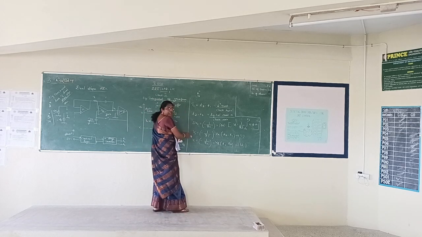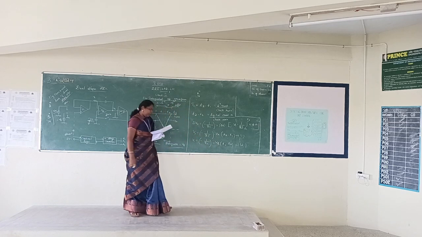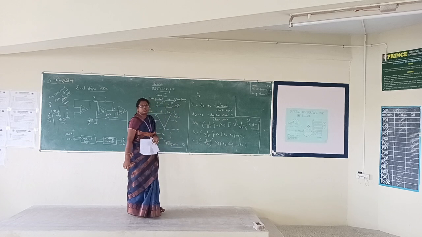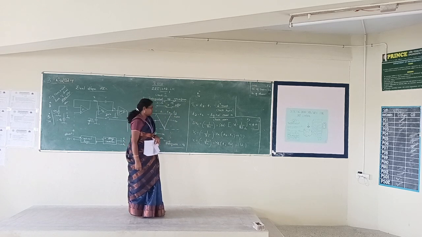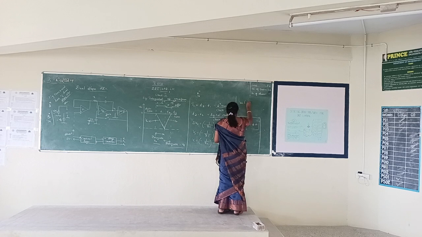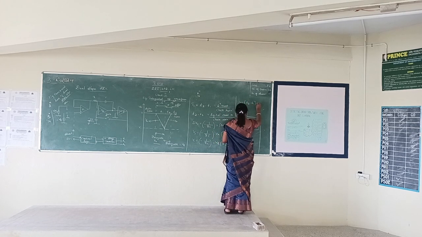Listen. Both the sides are equal, right? So equate these sides. So we get VA into T2 minus T1 equal to VR into T3 minus T2, right?